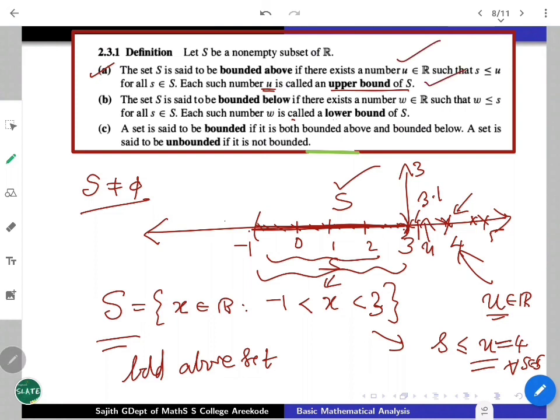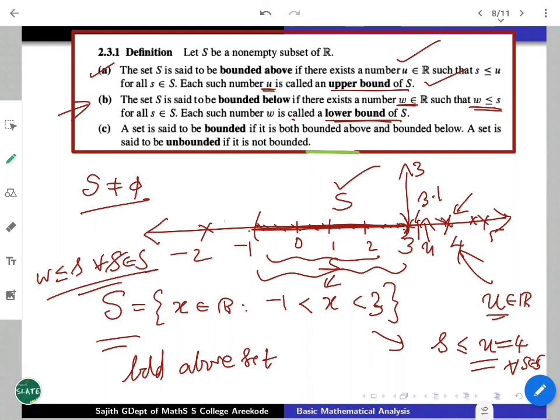In this set, very similarly, one can think about the bounded from below side. So look at any number less than -1, it is going to be a lower bound. I'm going to call those fellows lower bounds. Very similar definitions. The second definition says that a set is said to be bounded below if there exists a real number w such that w is less than or equal to s for every s in S. So I am just taking the other side, the dual concept of that.